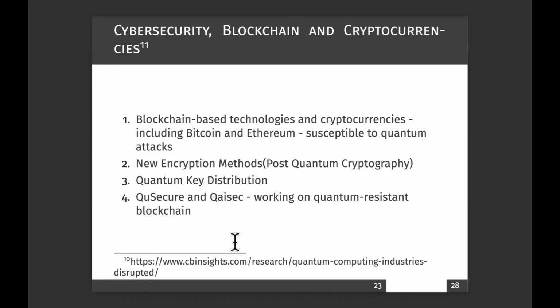And here, applied to blockchain and cryptocurrencies. The people that are into blockchain are now very aware that they need to convert to what is known as post-quantum cryptography methods because of the impending attack on the traditional crypto systems.